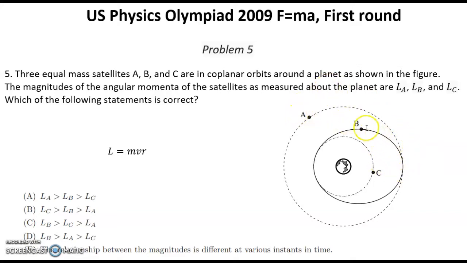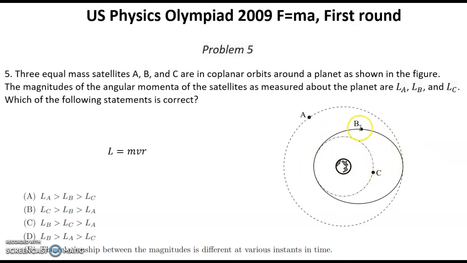Now let's compare angular momentum of satellite B and C. But now we can choose this point. In this point, velocity of C is related to circular orbit of this C satellite, but B satellite has a greater velocity because the orbit is going by ellipse, which is greater than this circle.